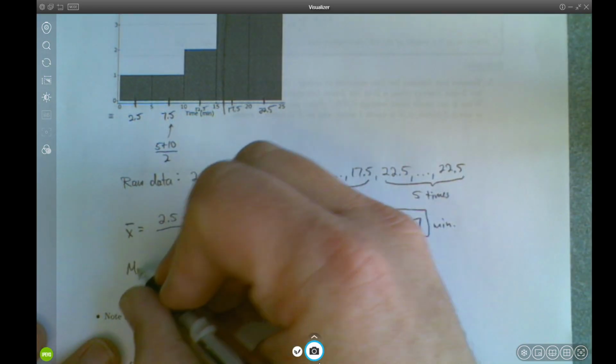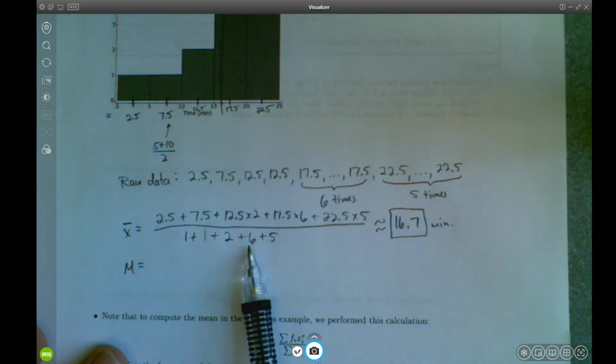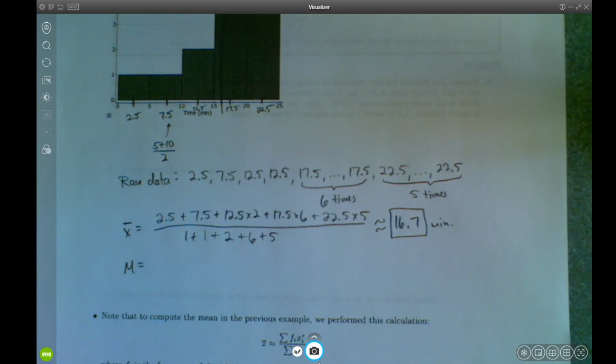As for the median, well, there are, let's see, 6 plus 5 is 11, plus 2 more is 13, 14, 15. So there are 15 values in this data set. The middle value is going to be in position 8, because if we choose the 8th value, there will be 7 values below it and 7 values above it.